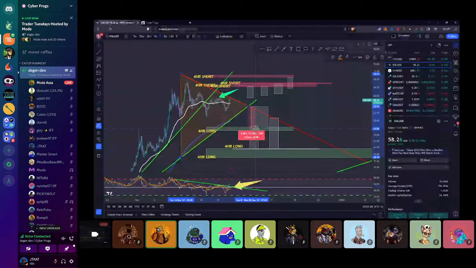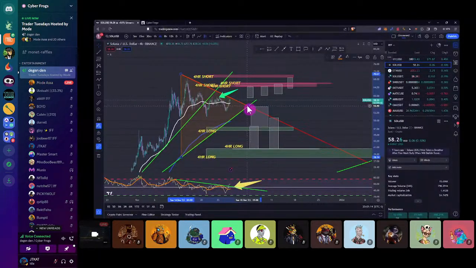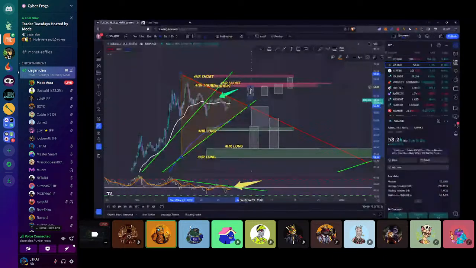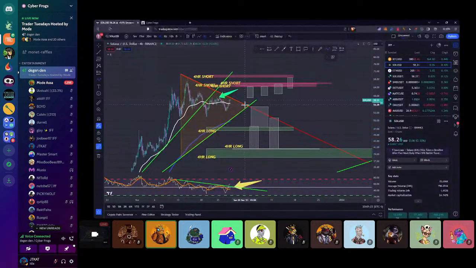Well, would you imagine that? It happens to be right in the middle. So that's why Thor's not making a coin flip, 50-50 call of, hey, we're going up, or hey, we're going down. But what Thor will say is, if we go down, look for us to retest here. If we go up, look for us to retest here.